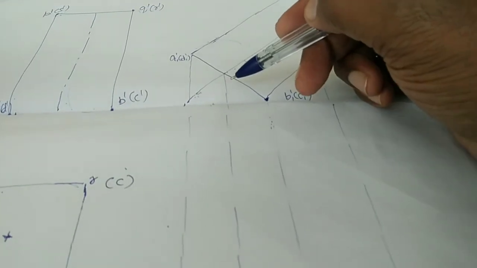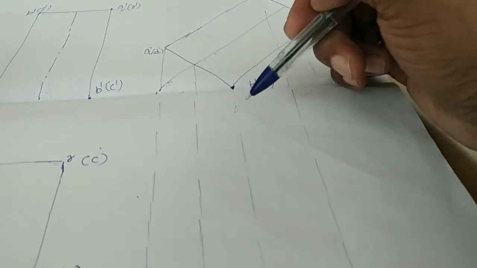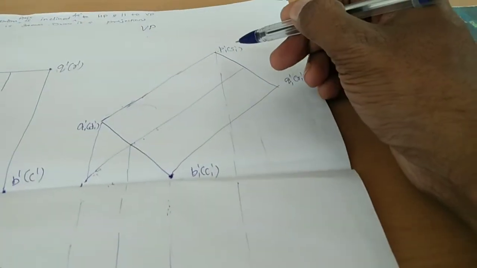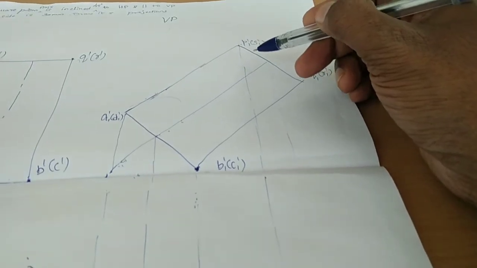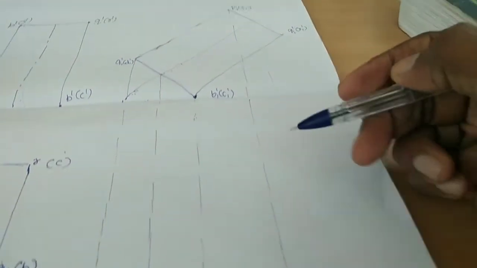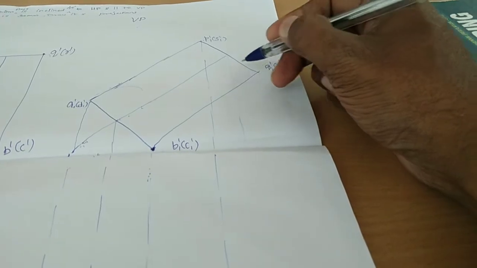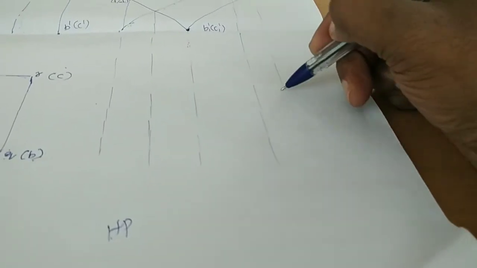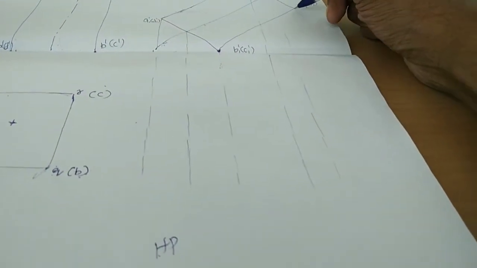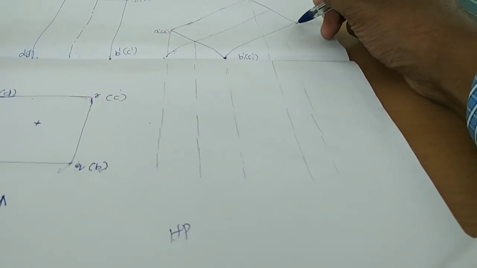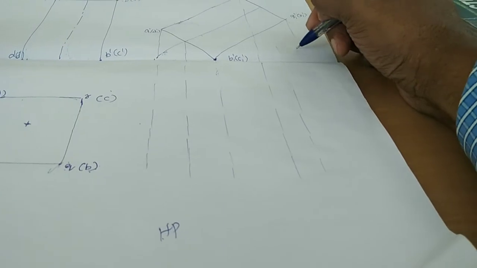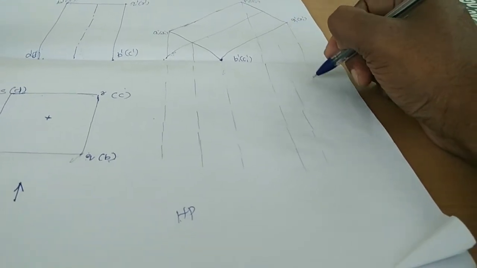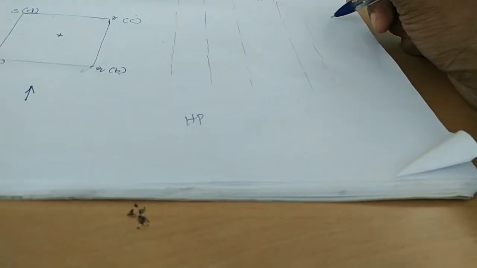For the bottom side, A1 dash D1 dash and B1 dash C1 dash are projection lines, and P dash S1 dash and Q1 dash R1 dash are also projected towards the horizontal plane. They will meet the XY line, and then you project into the horizontal plane.